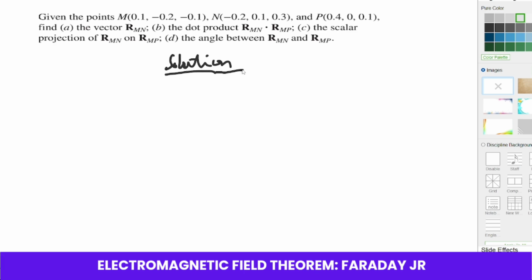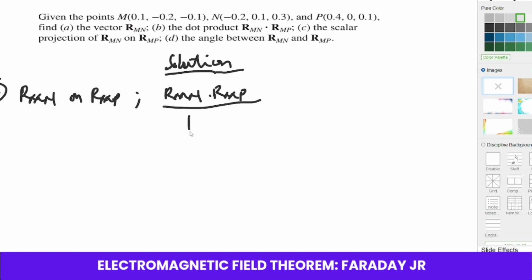Now we move on to our C, the scalar projection of RMN on RMP. The scalar projection of RMN on RMP is the same as RMN dot RMP all over the magnitude of RMP.